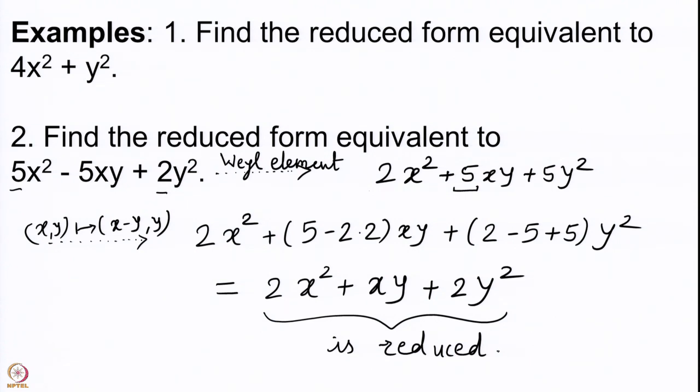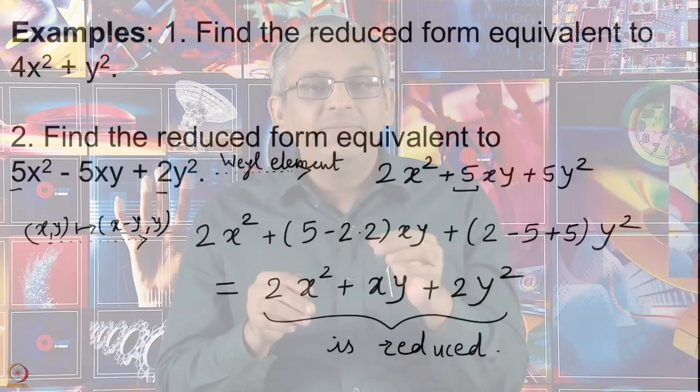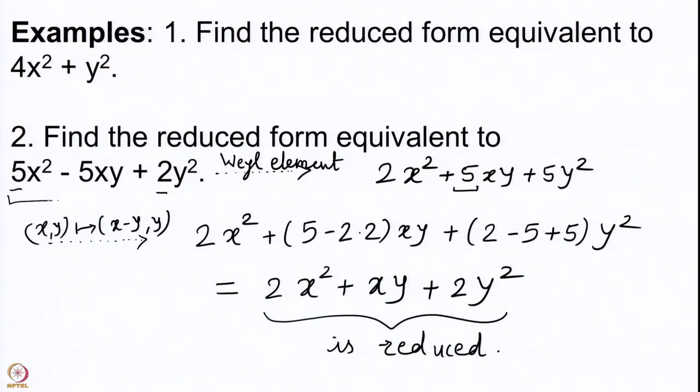There is a small check which we can do to see whether we have not made any mistake in this calculation, which is that we can compute the discriminant of the original form and we can compute the discriminant of the form that we have obtained. The discriminant is given by b square minus 4ac. So, the discriminant here is b square, which is 25, minus 4 into 5 into 2. So, 25 minus 40 will give you minus 15.